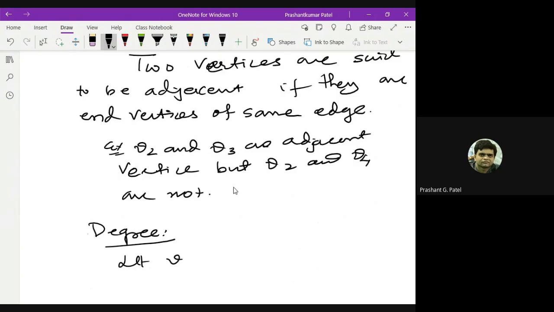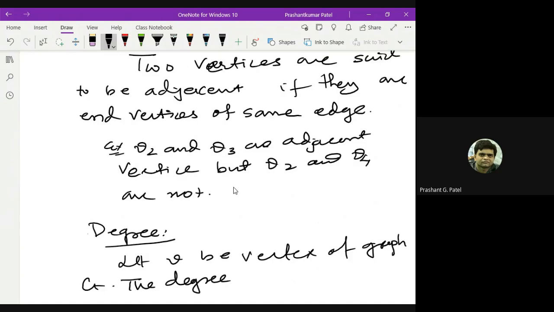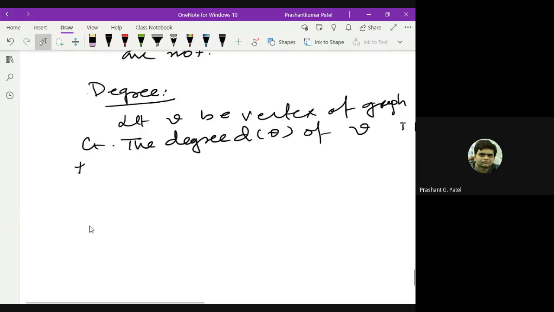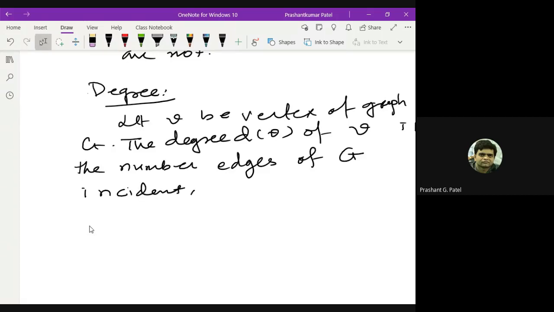Let V be a vertex of graph G. The degree, denoted as d(V), of V is the number of edges of G incident with V, counting the self loop twice.